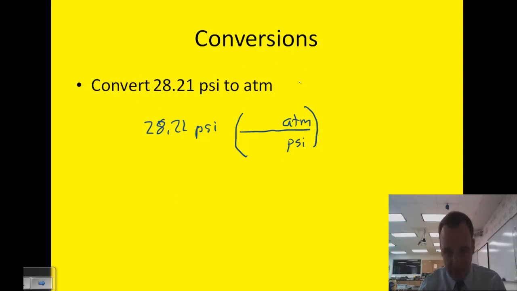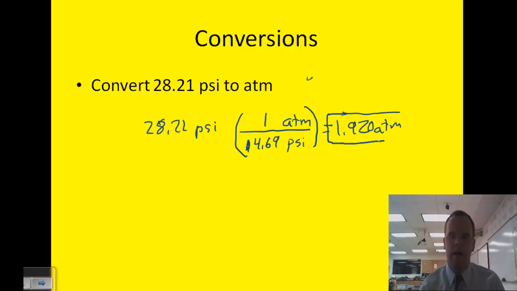So we're going to get 1 atmosphere and 14.69 psi. We get 1.92 atmospheres. 1.92. Oh, 4 significant figures.